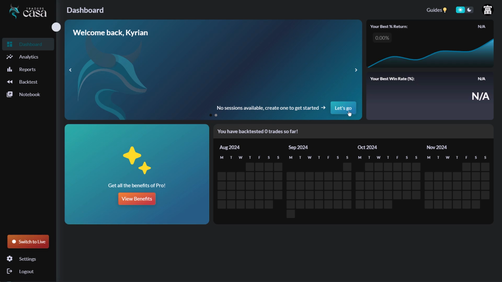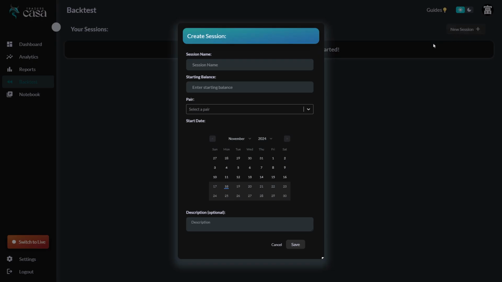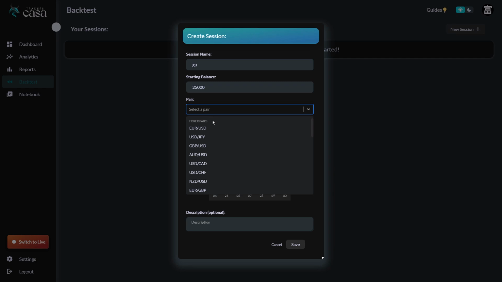Let's see if there is anything to it. Let's add a new session. Let's call the session GU, starting balance. Let's say you were trading with a Fivers account and you were trading the 3 steps account, their bootcamp account, which basically needs, I think, 5% for you to pass a phase.